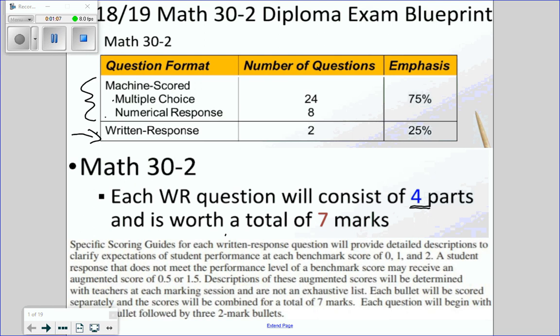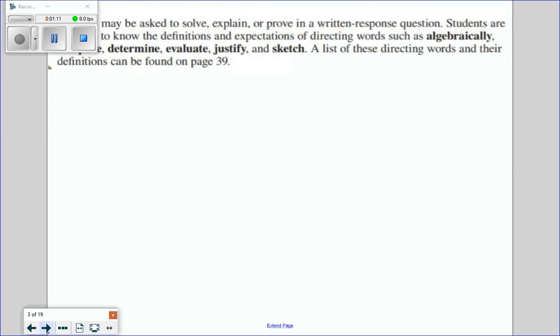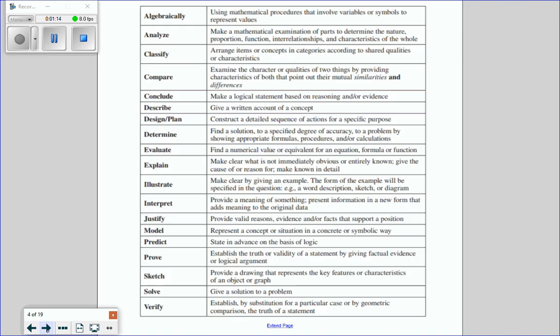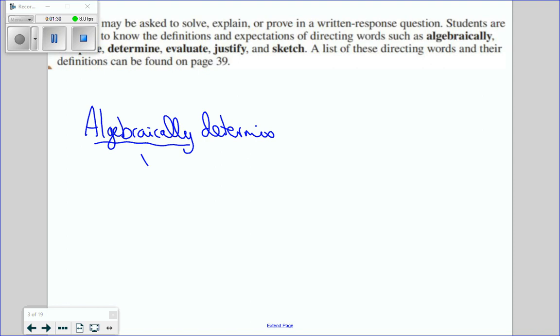Okay. Now, there's a few words I need you to know. If the question says algebraically determine, this means you're going to use algebra. Or in other words, you're going to use your formulas, you're going to solve for x, and all that.